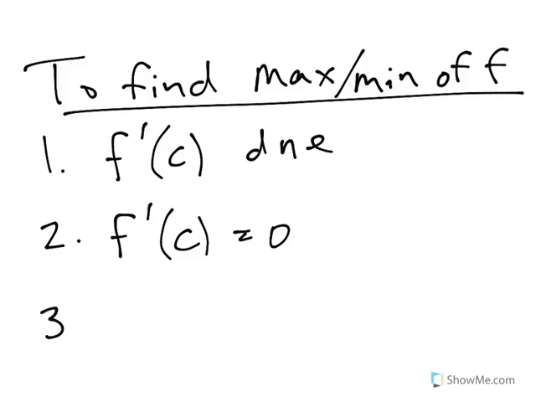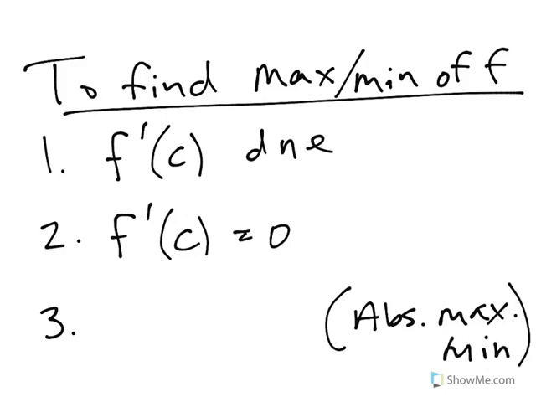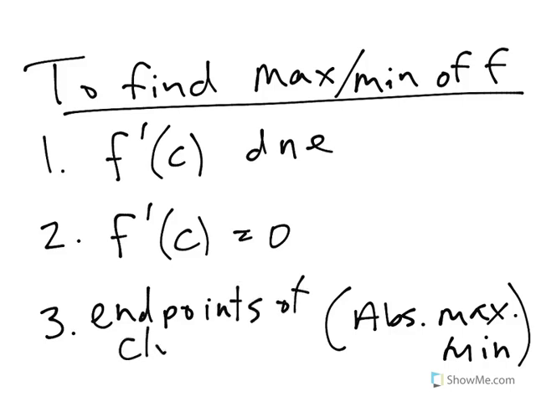Now the third case is just for absolute maximums or minimums: the endpoints of a closed interval. If you have your function defined on a closed interval, then you need to look at the endpoints of that closed interval and consider that they could also be maximums and minimums, even if you find critical points somewhere else.